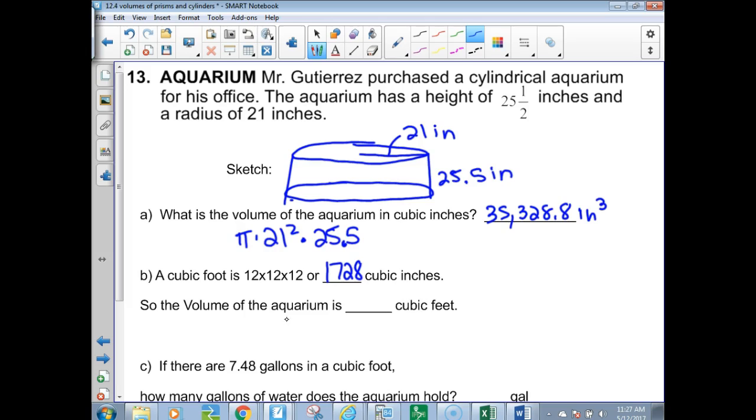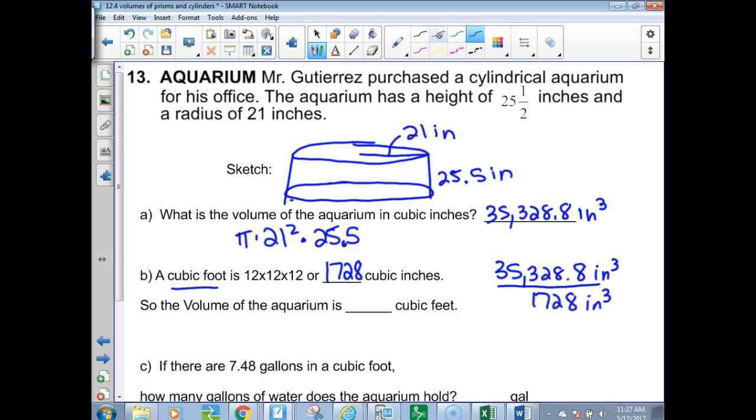So I'm going to take the volume of the aquarium is how many cubic feet. So what would I do with this ginormous number and this? This is in cubic inches, this is in cubic inches. So I'm going to divide them so I can get how many cubic feet. I'm converting to cubic feet.